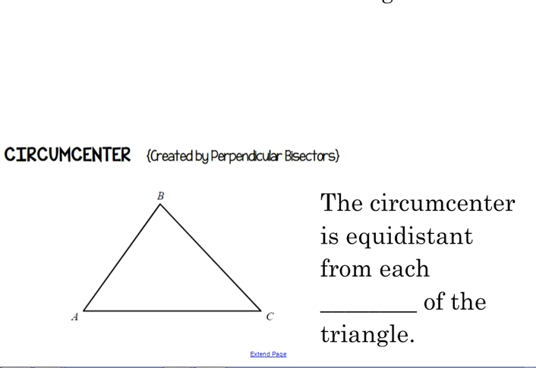Line it up against the little mark, and then draw your line. That's the best way to do it without actually constructing it.